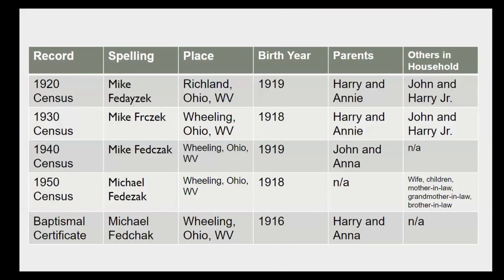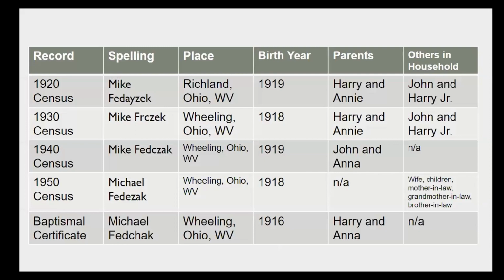So I created a chart here detailing my great-grandfather's appearances in the censuses from 1920 to 1950 alongside his baptismal record. I just wanted to spotlight some of the types of discrepancies or inaccuracies that you might find.